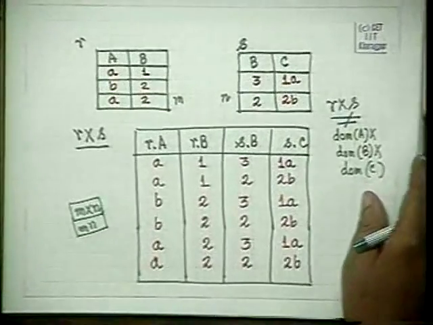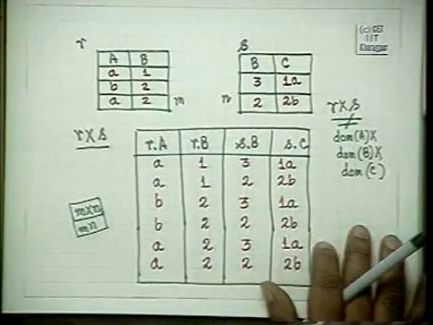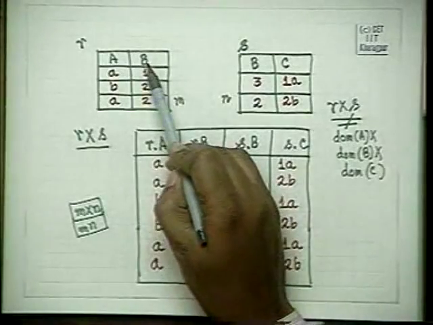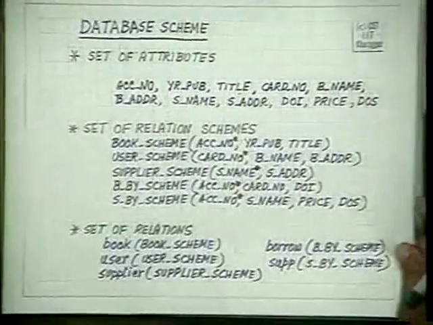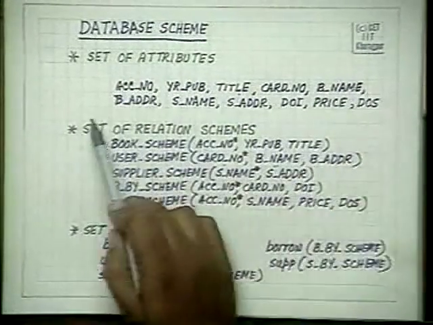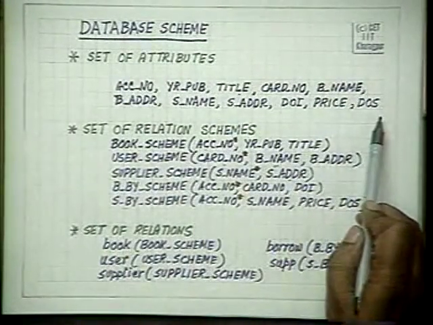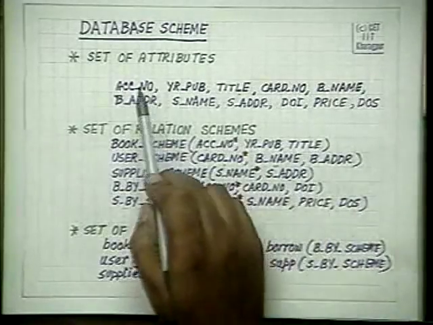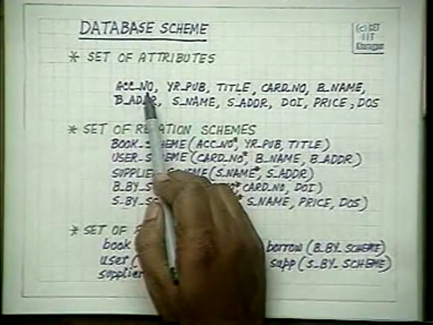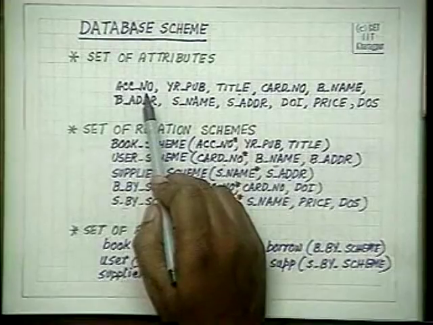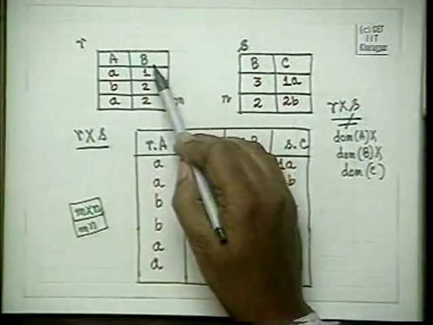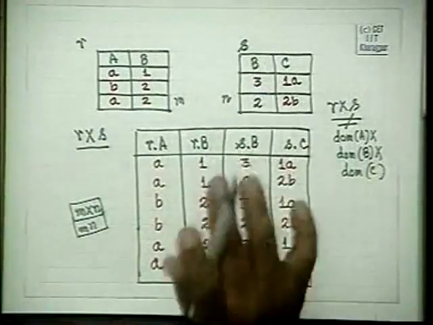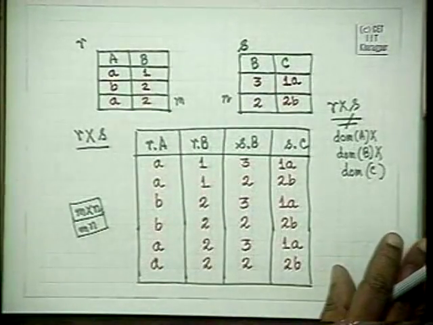If in one relation you declare B as integer, and in the other as a string, you cannot have B as an integer here and as a string here. I have said before that you first define the set of attributes and their types. So you have defined A as a particular attribute, and you have defined that attribute to be of a particular type. Therefore, that attribute cannot have two different types in two different places, in two different relations.